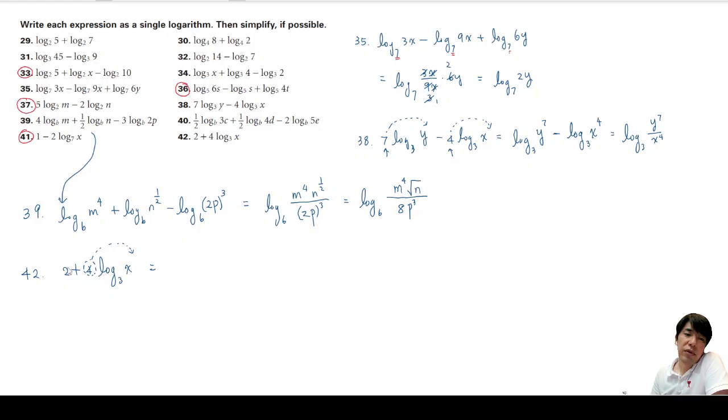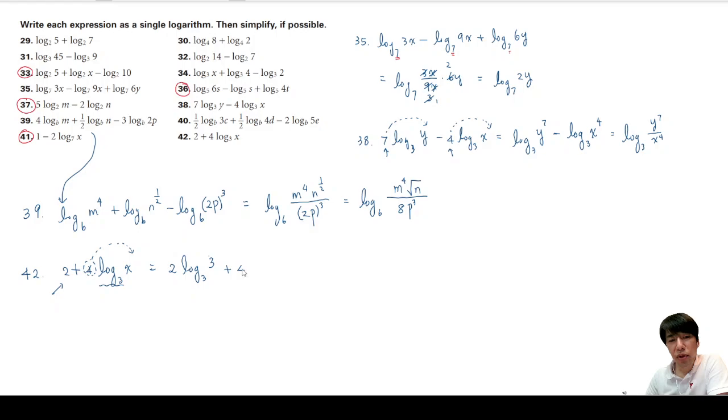And if you want to simplify this one by combining the log, this one does not have any log, but you can convert that into a log. How? Okay, we have a log base 3 here, so I can have 2 times log base 3 of 3. This is basically 1.